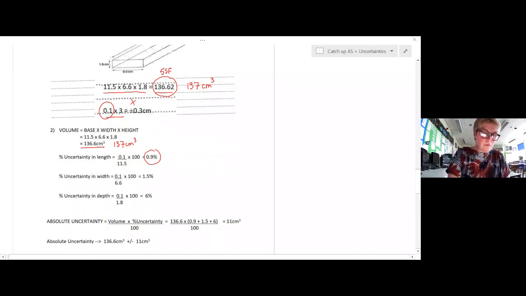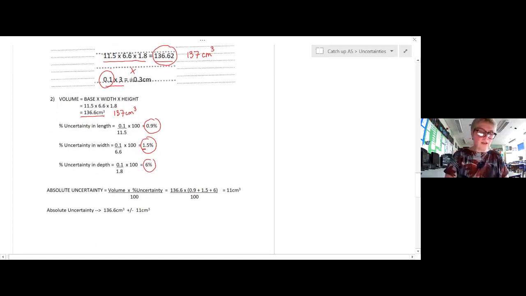Correct. 0.1 over 6.6 times 100, and they've given that to 2 significant figures because the first one starts with a 1. Correct. And then finally, 0.1 over 1.8 times 100, 6%, 1 significant figure. Correct.